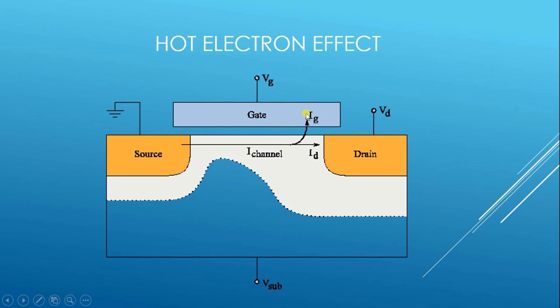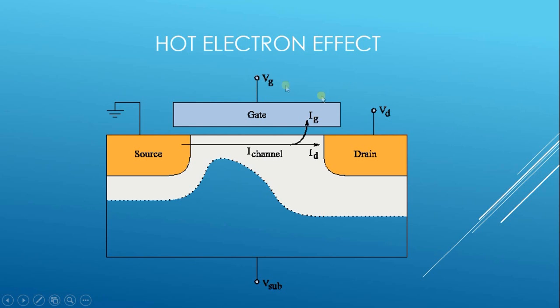And this energy gained carrier is called a hot carrier, as it has some excessive energy. So while moving in a zigzag path, somehow it gains so much energy that it crosses the gate oxide, penetrates through this oxide and goes to the gate.